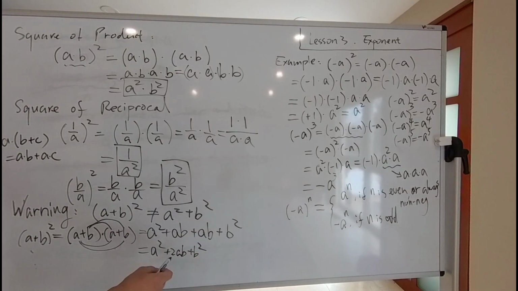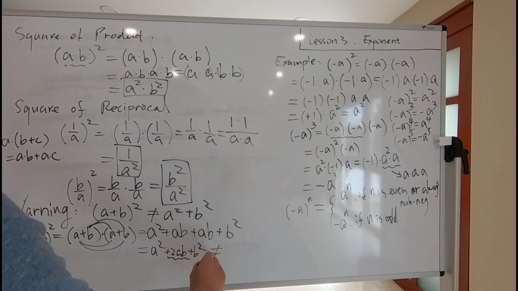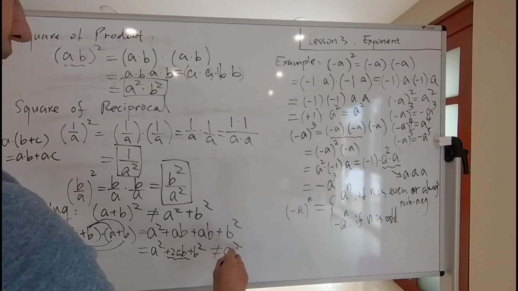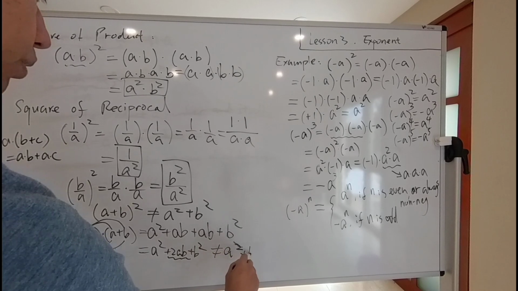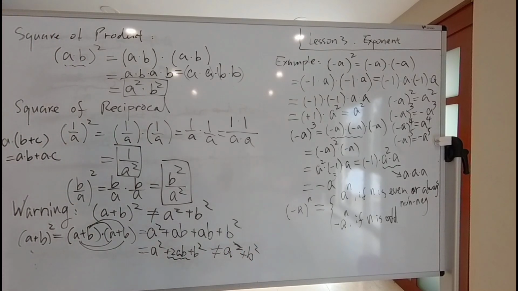Right, now you can see the difference. As long as this ab doesn't equal 0, then this expression does not equal a squared plus b squared. So this proves that you cannot distribute power over addition.